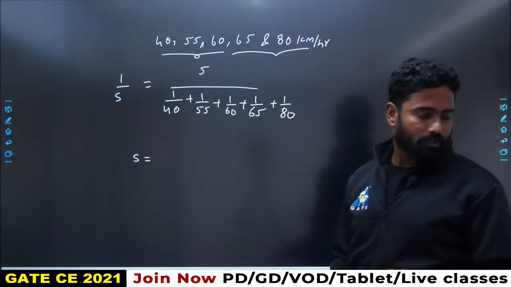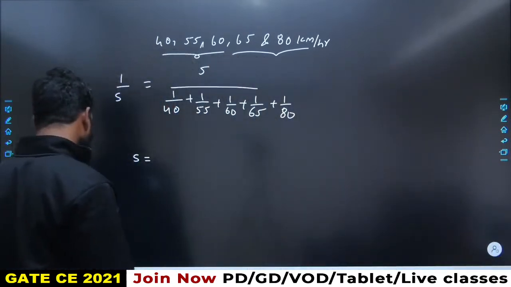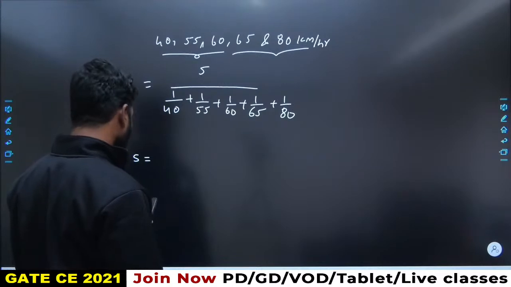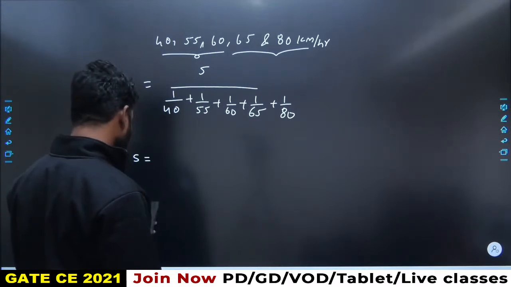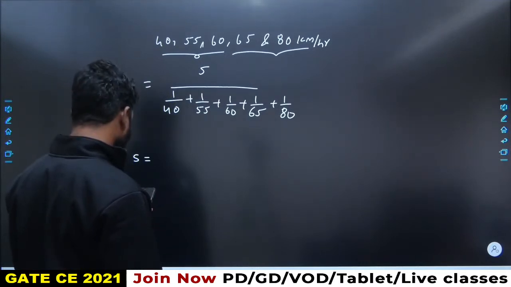So if I have to solve this, it would be something like this. 1 divided by 40 plus 1 divided by 55 plus 1 divided by 60 plus 1 divided by 65 plus 1 divided by 80, right? 5 upon 0.087.